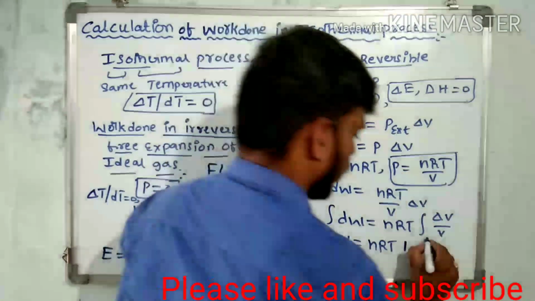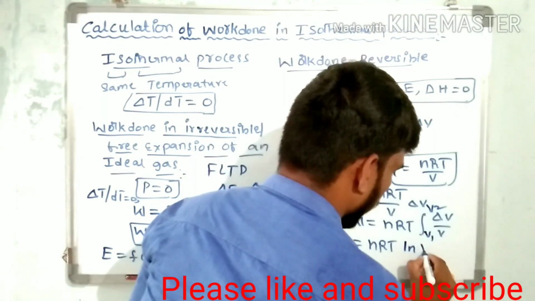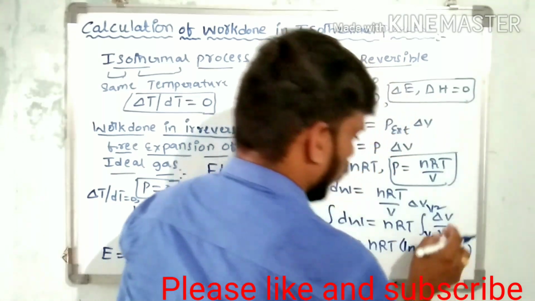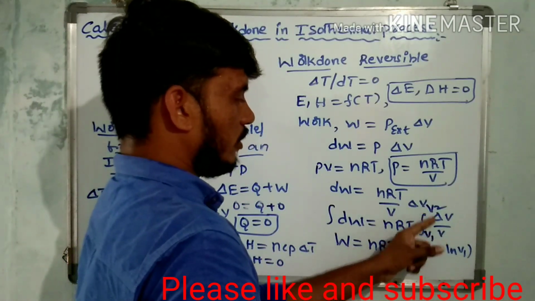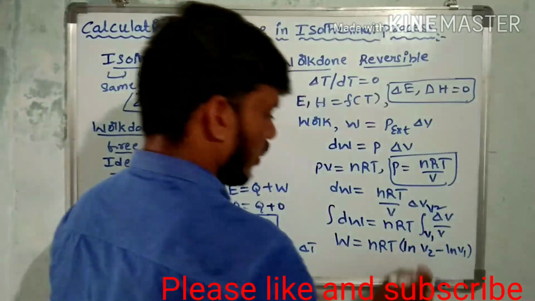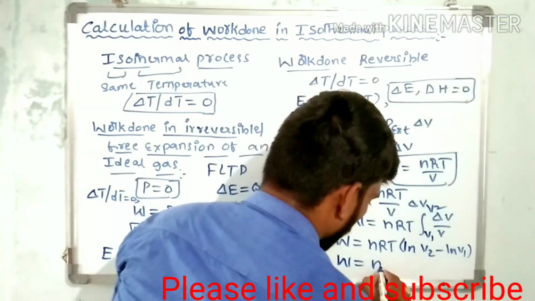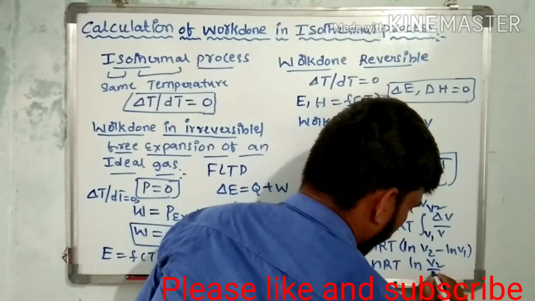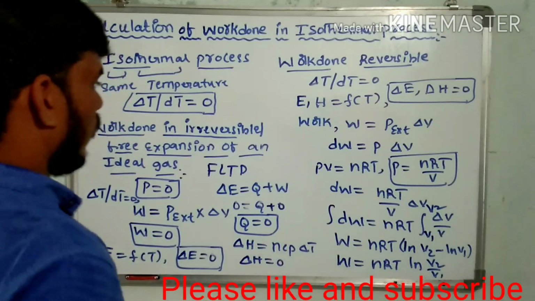The gas expands from V1 to V2, so we take the upper limit minus the lower limit: ln V2 minus ln V1. Ln A minus ln B is ln A by B. So W is equal to nRT ln V2 by V1.